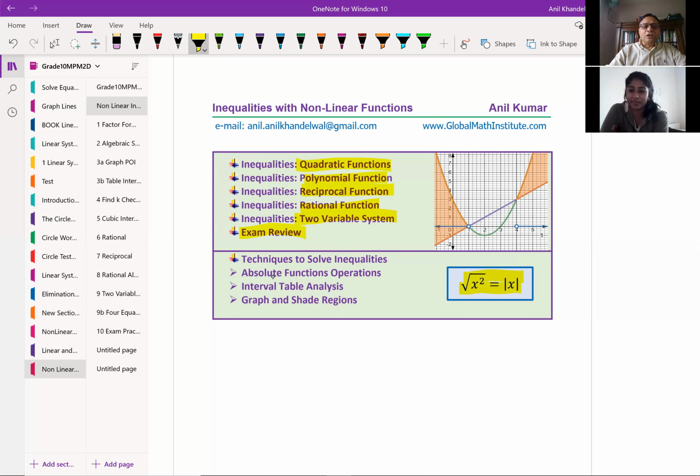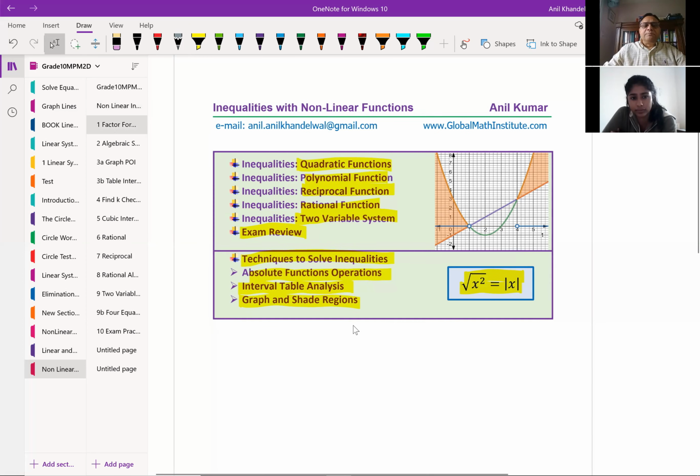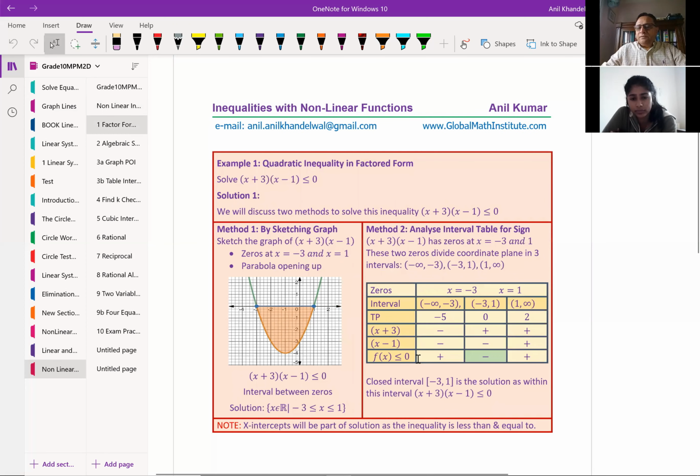Some techniques we are also going to focus on while solving these questions involve absolute function operations, which we also looked into earlier. We'll also see interval table analysis and also how to sketch the graph to find the solution for two variable systems. Perfect. So let's begin with the quadratic function itself.